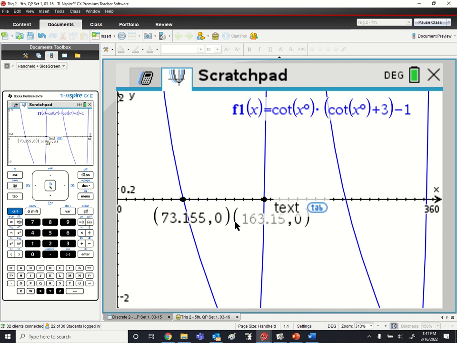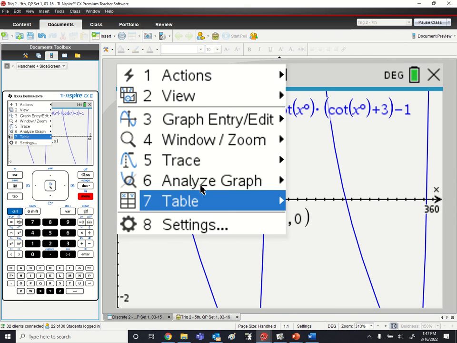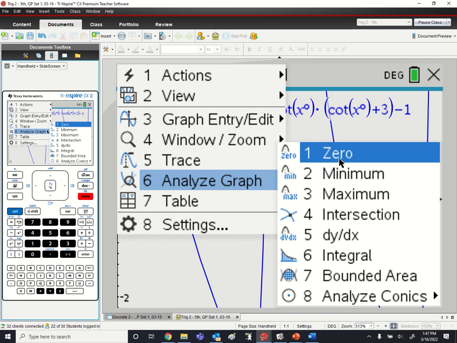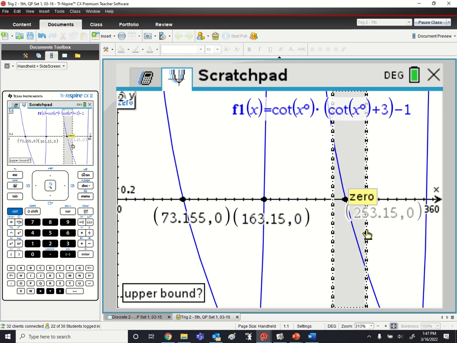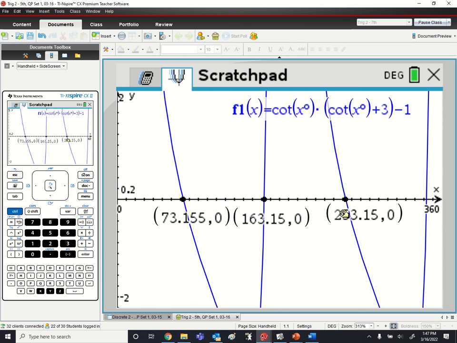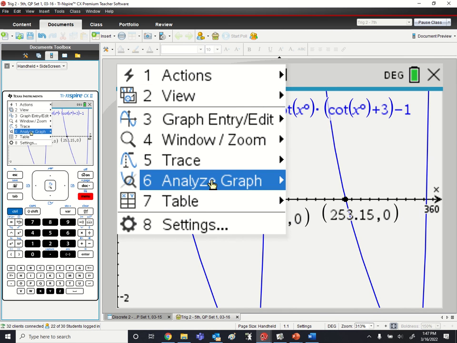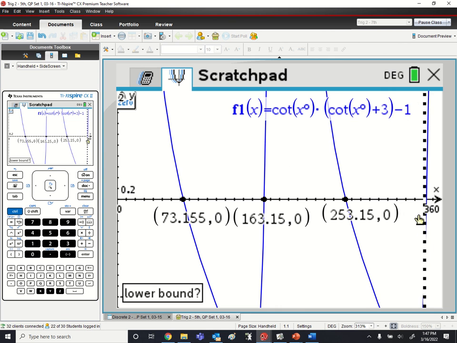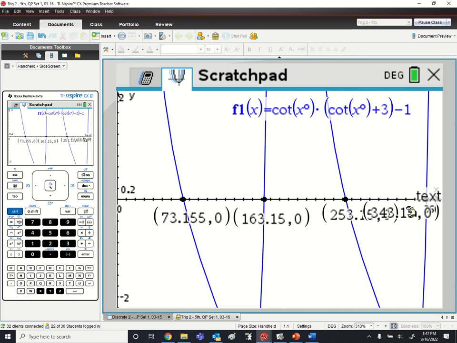Just this one has 100 in front of it, so 163, but it shows 2 more digits afterwards. So it's going to make rounding easier. So you could already round it to the 100th there. Menu, analyze, 0. And my last one, menu, analyze, 0. There we go.